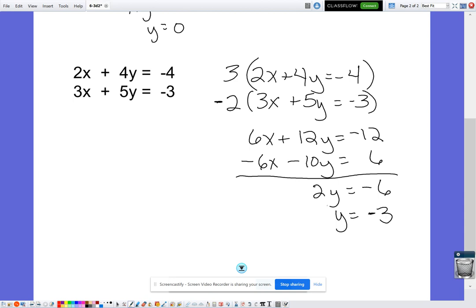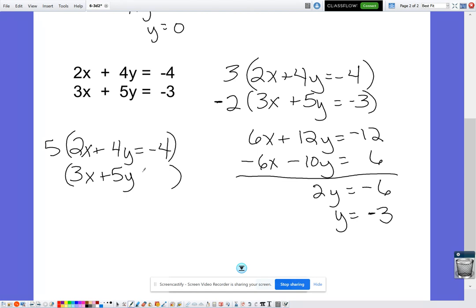Okay, Megan, if I'm going to eliminate the y's now, what do I have to multiply the top equation by? 5. Okay. And Ella, if I multiply the top one by 5 in order to eliminate the y's, what do I have to multiply the bottom one by? 4.